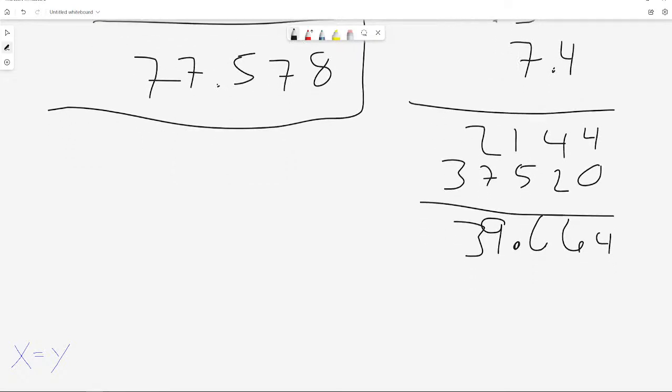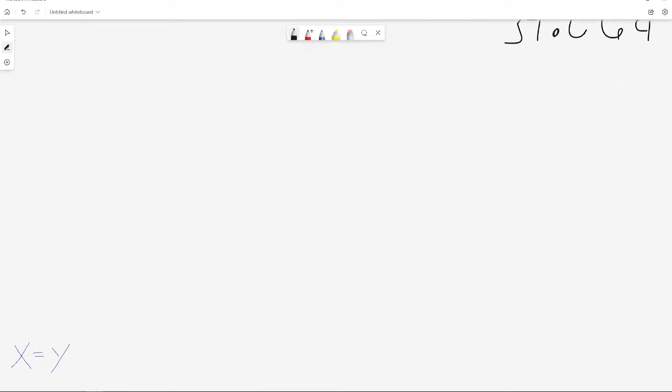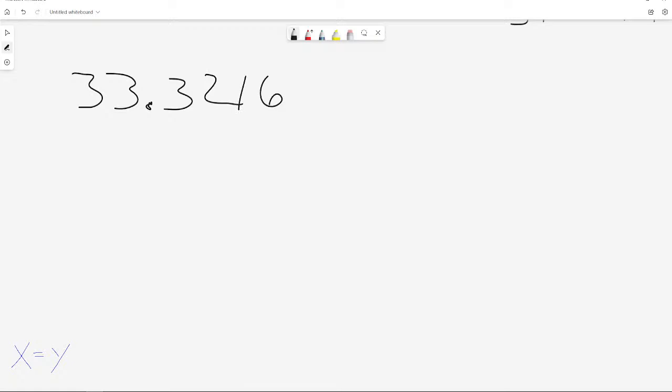Okay, now this part has always tripped me up forever. Dividing by decimals, or dividing with decimals. So let's take 33.3216, and we want to divide 6.24 into it.